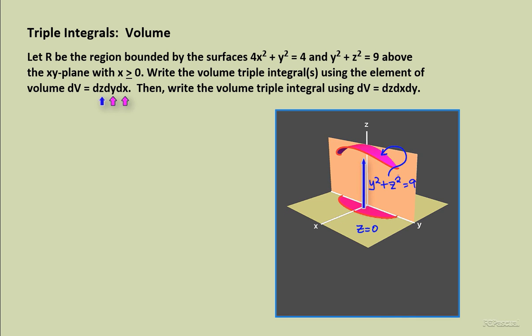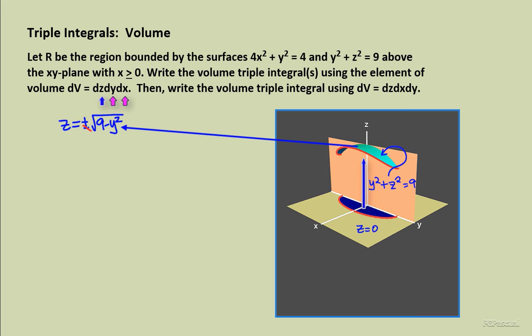On the upper boundary, where y squared plus z squared equals 9, we solve for z to get z equals plus or minus the square root of 9 minus y squared. And because the solid is above the xy plane, so that z is greater than or equal to 0, we take the positive square root, so that z equals the square root of 9 minus y squared on the surface. There is no x variable here. That's okay, as long as we're able to solve for z.